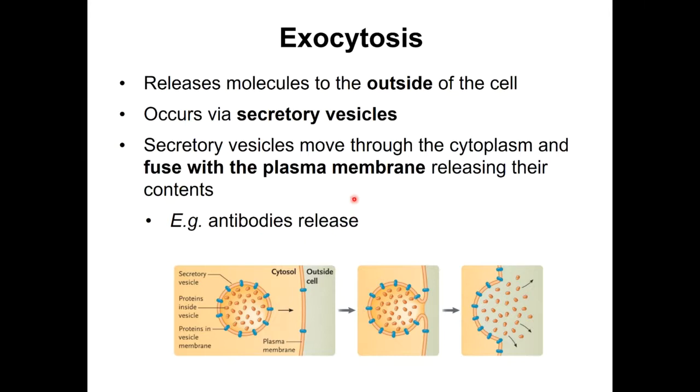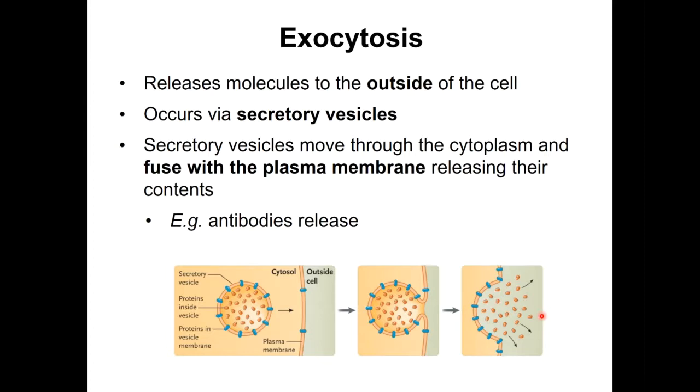For example, your B cells pack antibodies, forming secretory vesicles, which then fuse with the cell membrane, and by doing that, they release the content of the secretory vesicles to the outside, in this case, antibodies, for example.